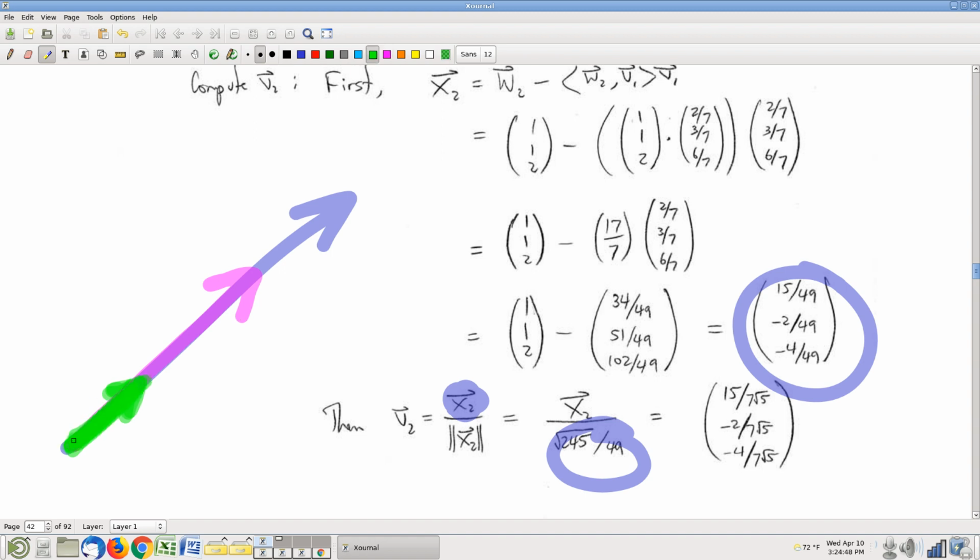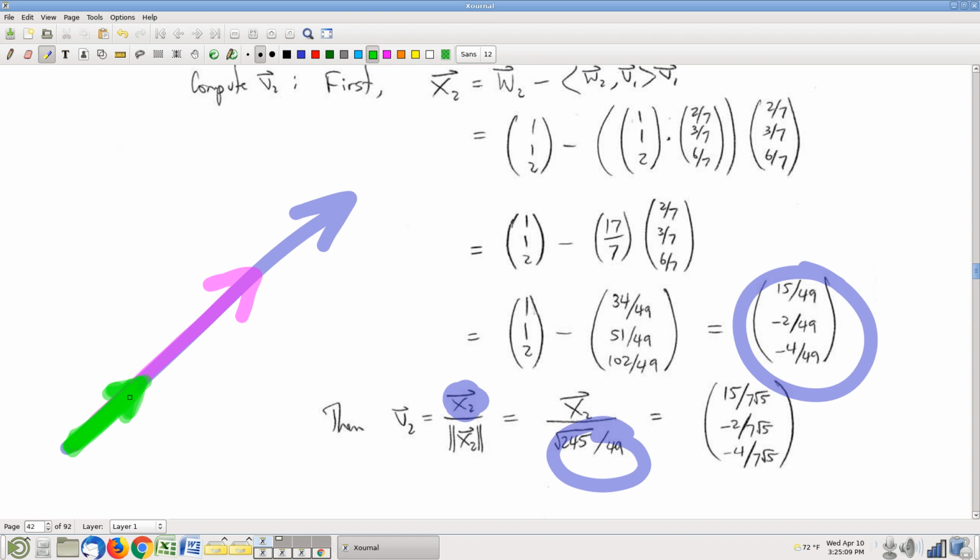Right? So the unit vector pointing in the direction of the blue vector is exactly the same as the unit vector pointing in the direction of the purple vector. The only difference between the blue vector and the purple vector is I multiplied by a positive scalar. So punchline, multiply by any positive scalar you like before you normalize and save yourself loads of trouble.